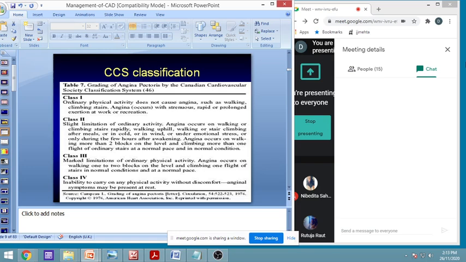Angina occurs during walking only, even a few meters, even brisk walking, or climbing only one flight or one floor can make a problem. And class 4 is inability to carry on any physical activity without discomfort. Anginal symptoms may be present at rest.